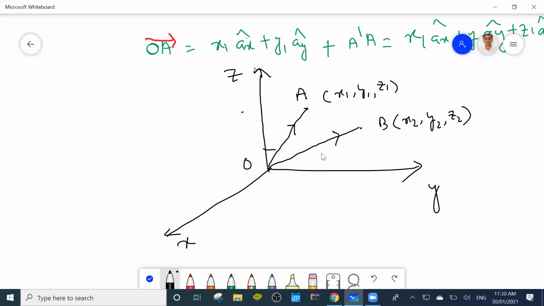Now I have to find the incremental distance, or the displacement, from A to B. Suppose I am mentioning the direction from here to here. So AB I have to find out.